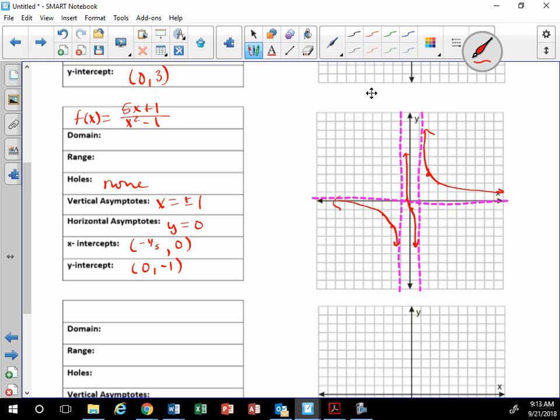Is it uncomfortable that the middle just goes right through your horizontal asymptote?